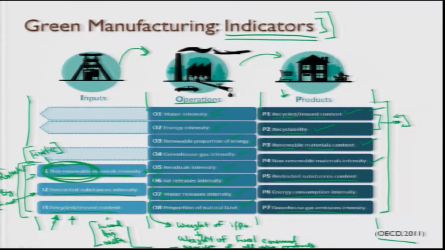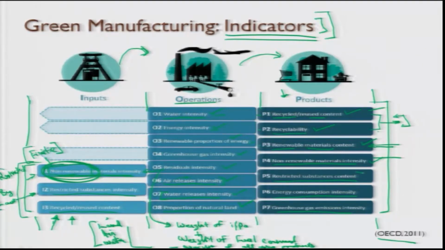Using renewable materials reduces the demand for non-renewable resources. This indicator measures the renewable materials content, which is derived from plants and animals, of all the products produced in the facility in a specific reference year. Similarly, along the same lines we can have non-renewable material intensity.